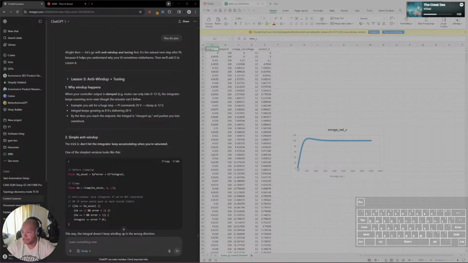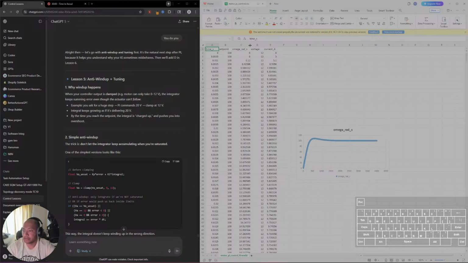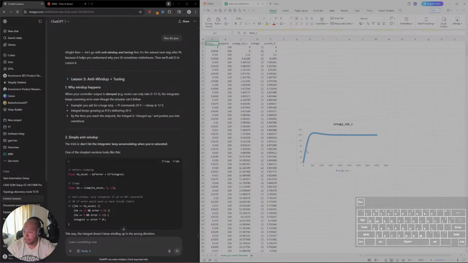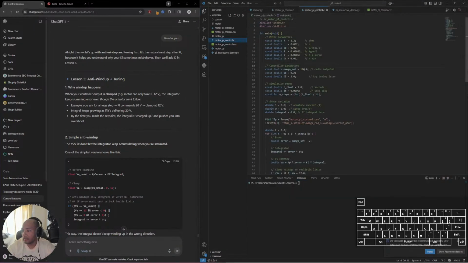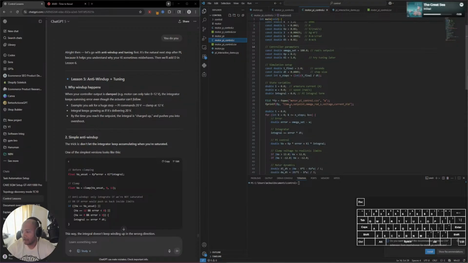So essentially here, you can see that I have my x as the time and my y as omega, radians per second, which is angular speed. As you can see here, I've set my set point to be 100, right?